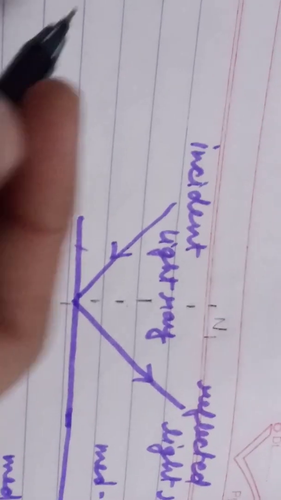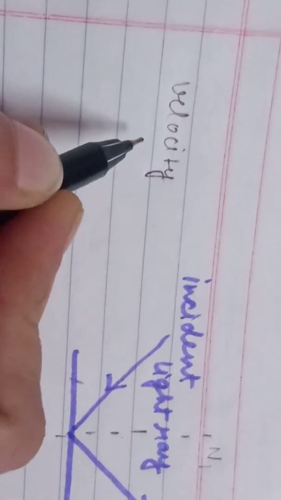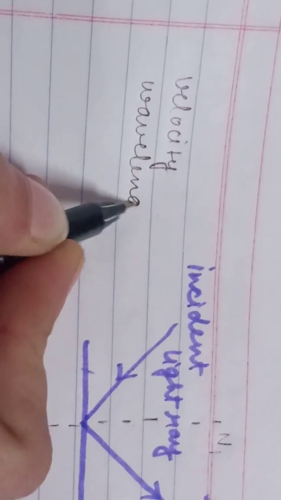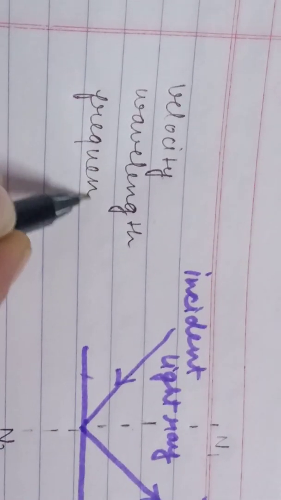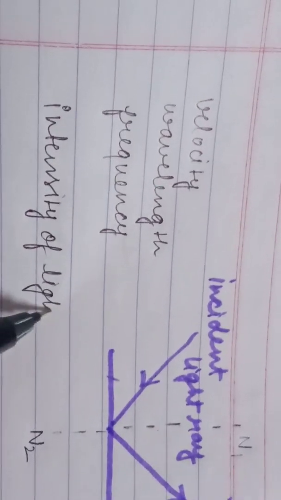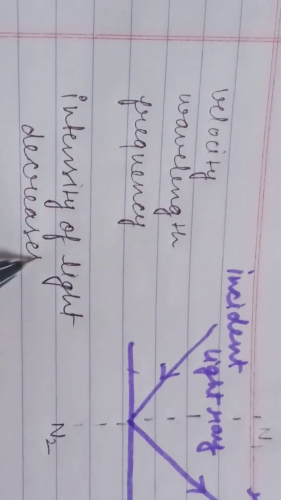After reflection, velocity, wavelength, frequency are the same, but the intensity of light decreases. After reflection, the intensity of light decreases while velocity, wavelength and frequency are the same.